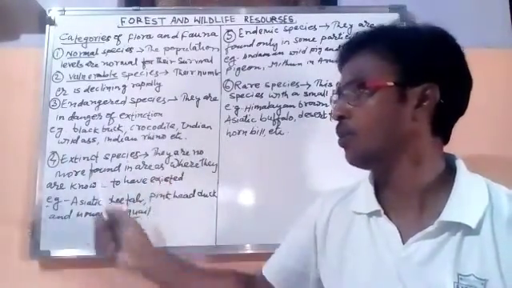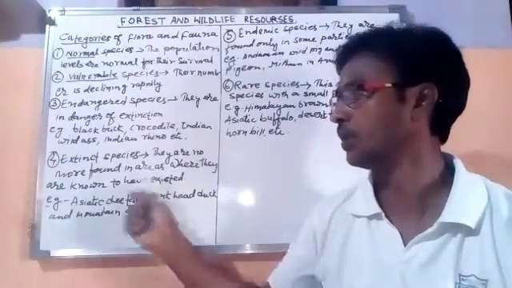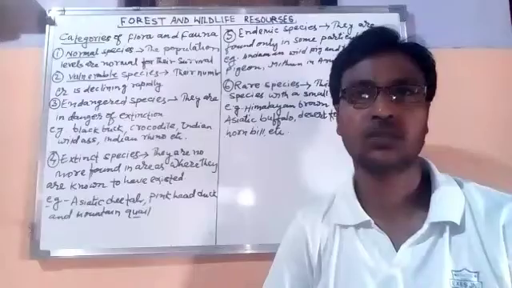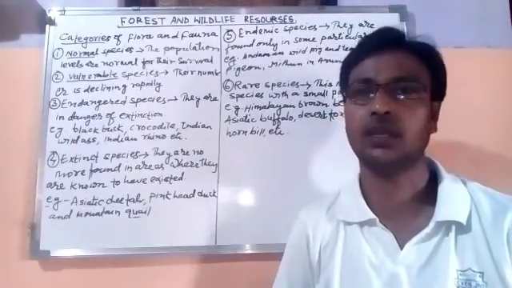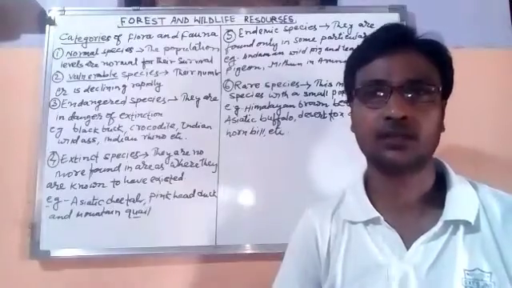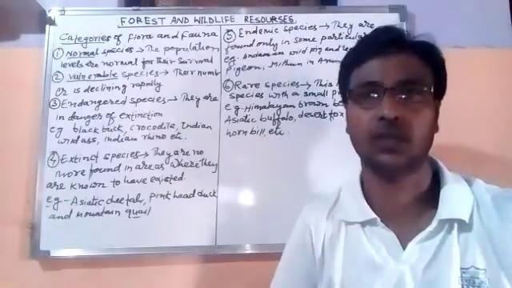They are no more found in areas where they are known to have existed. Students, you must understand, when I say extinct species of flora and fauna, they are extinct from different parts of the earth.